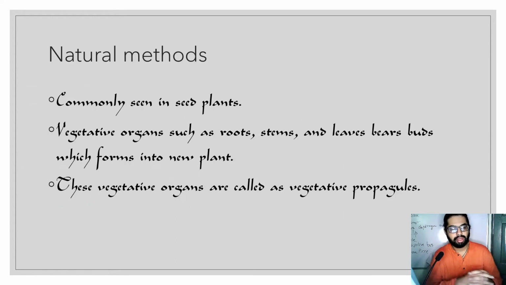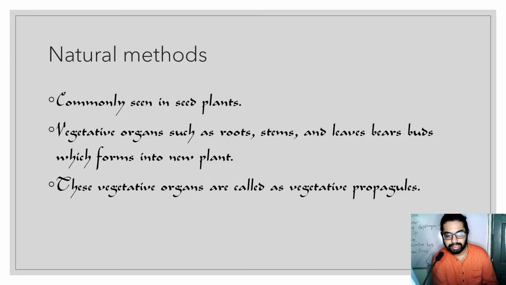Natural vegetative reproduction is seen in seed plants. Here the vegetative organs like roots, stems and leaves bear adventitious buds which form into new plants. I will explain this in the next slides.